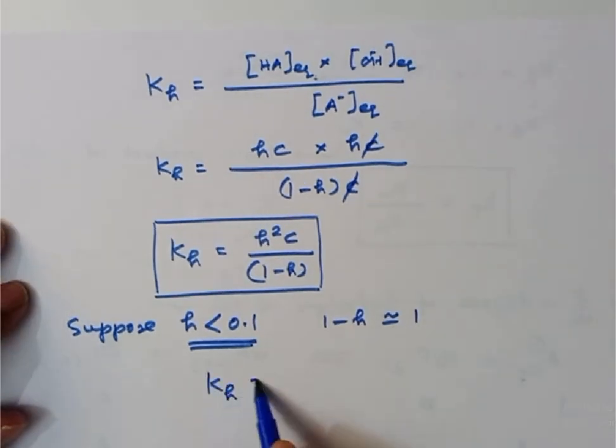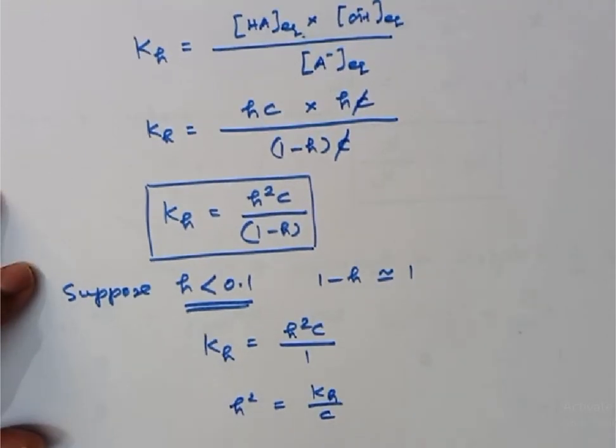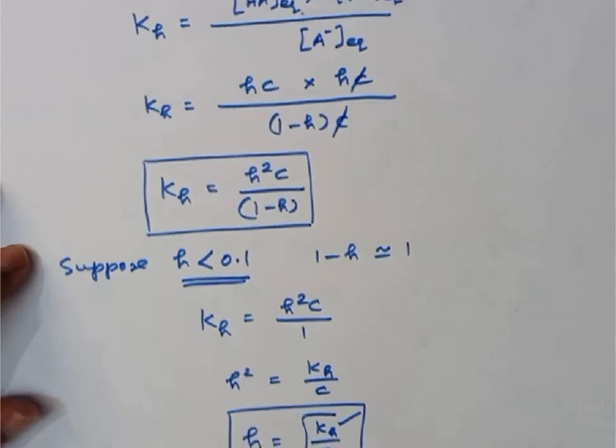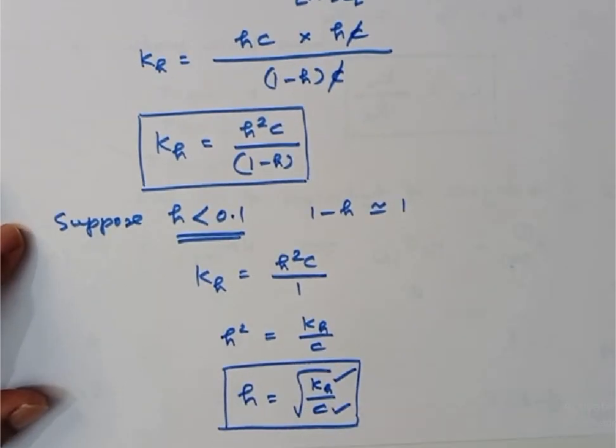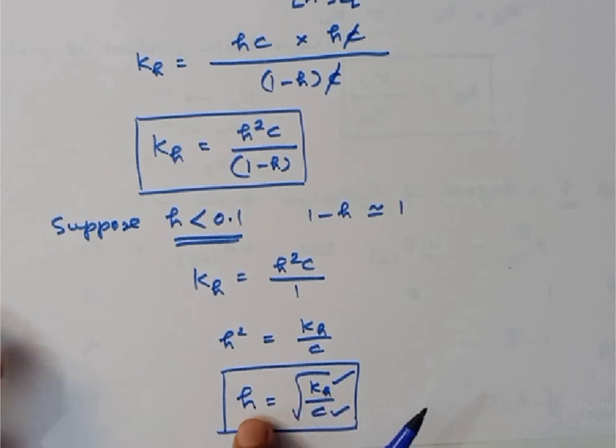Then I can write KH equal to H square C by 1, or H square equal to KH by C, or H is equal to square root of KH by C. So if you know the hydrolytic constant and the initial concentration of the salt, you can calculate the degree of hydrolysis. Remember, KH depends on temperature, therefore degree of hydrolysis also depends on temperature.